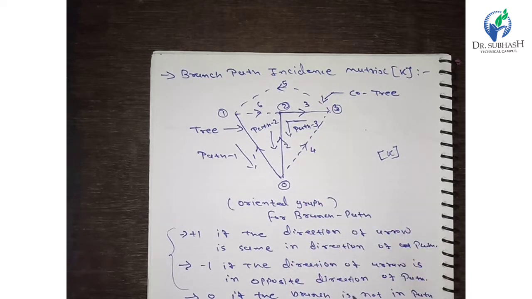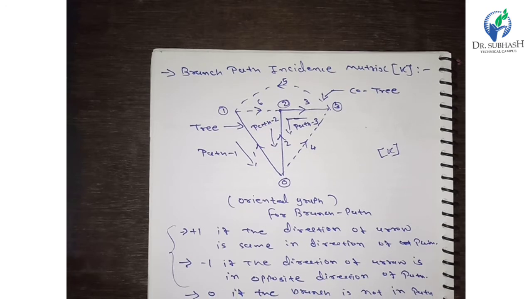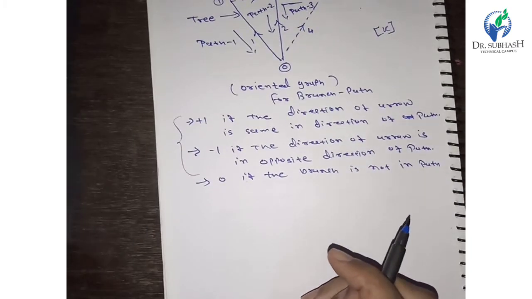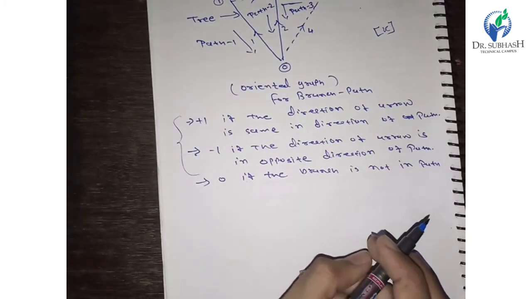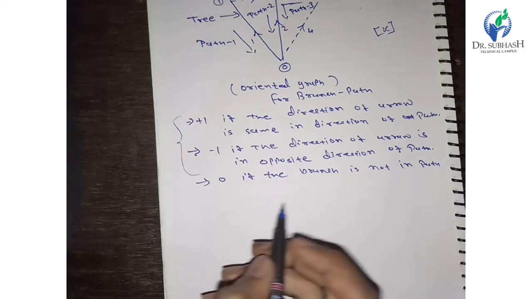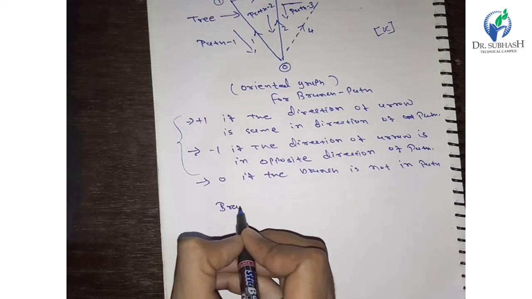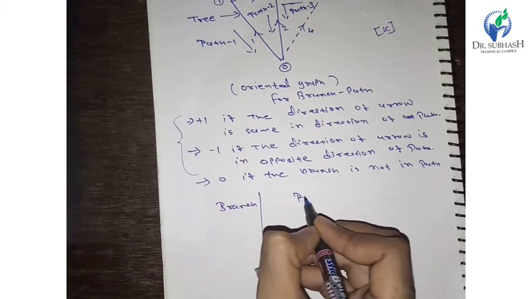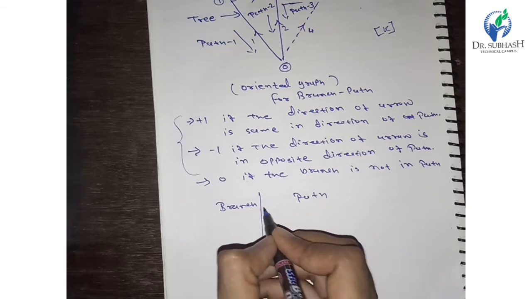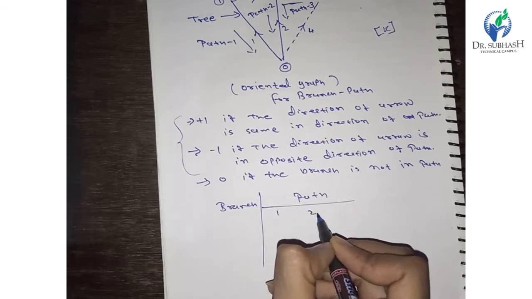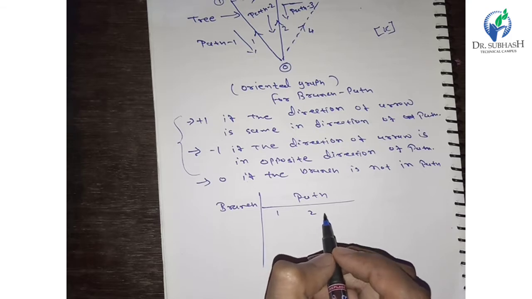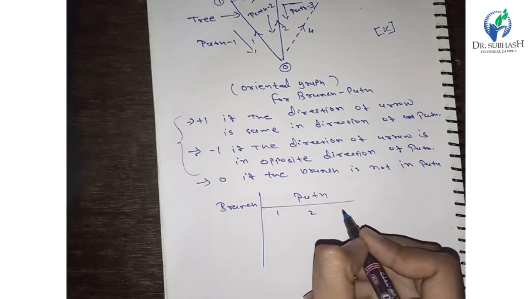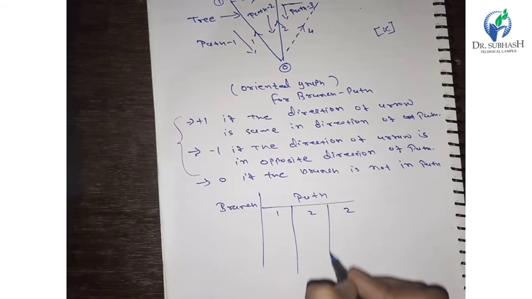When we take the branch path incidence matrix for the network in the given table, so when we draw the table of branches versus path, there is branch 1, branch 2 and branch 3, and also path 1, path 2 and path 3 in this figure.